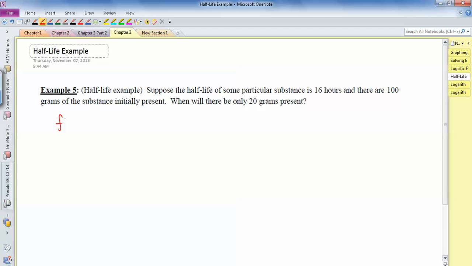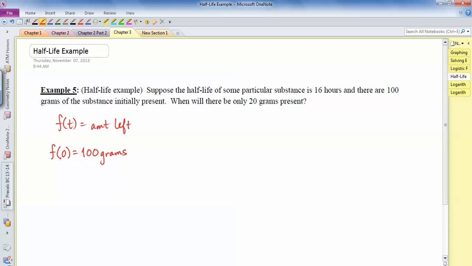It's a function of time, and this is the amount left. And I know that when I plug in 0, I get 100 grams.